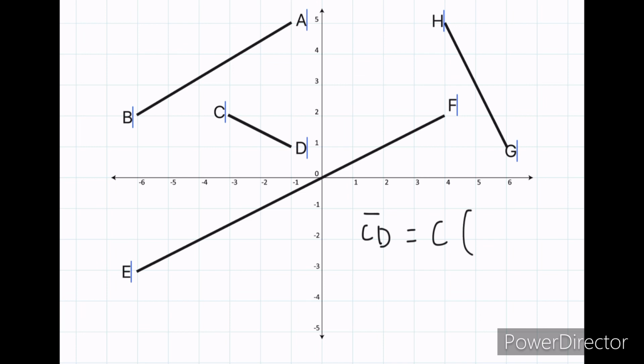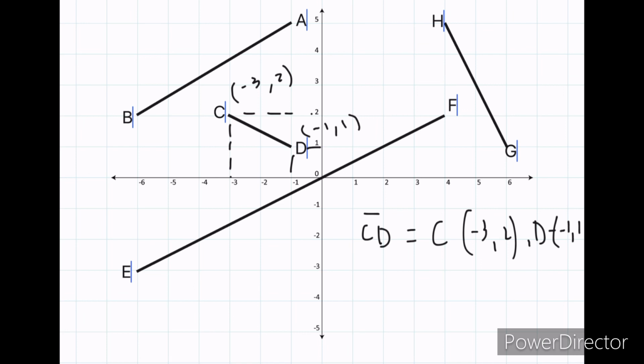Try to look at this one. We have -3 and 2. How about our D? Our D has coordinates -1 and 1. So those are the coordinates of our C and D.